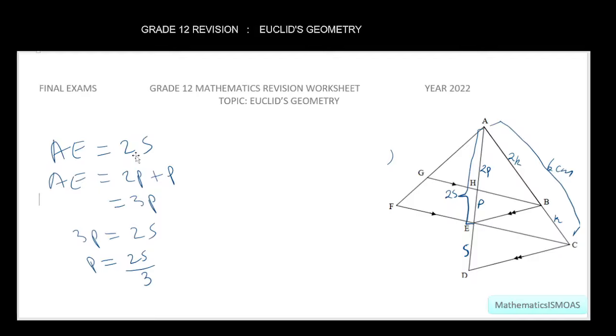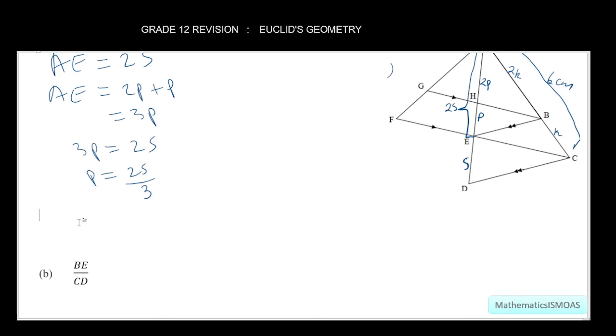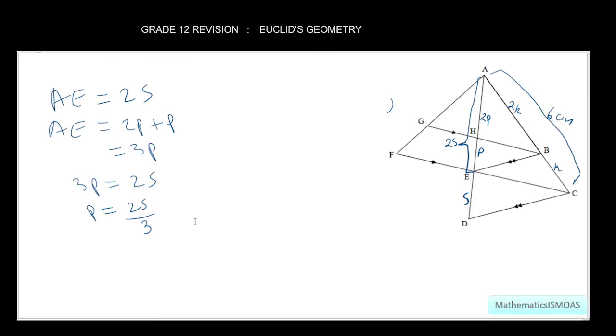Now that we have P in terms of S, we can say what is AH.